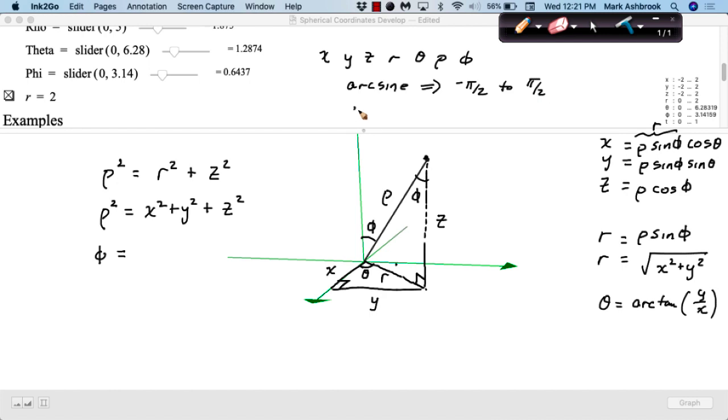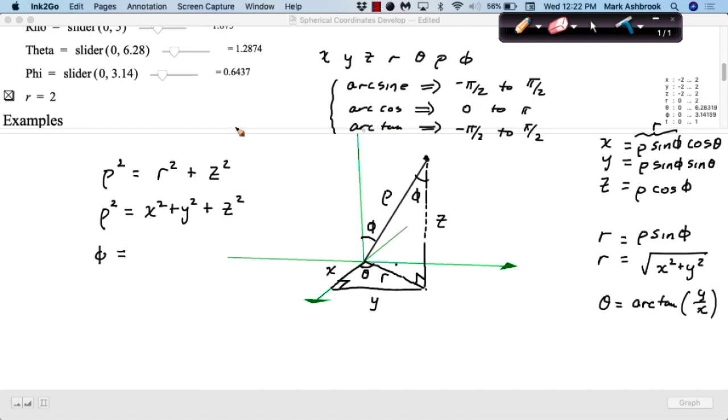Arc cosine, its range is 0 to pi. And arc tangent also is negative pi over 2 to pi over 2. And thinking about phi, which relationship would make the most sense? Why is that?